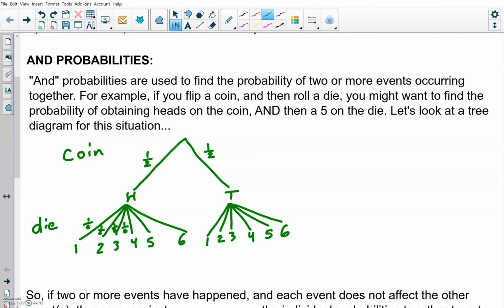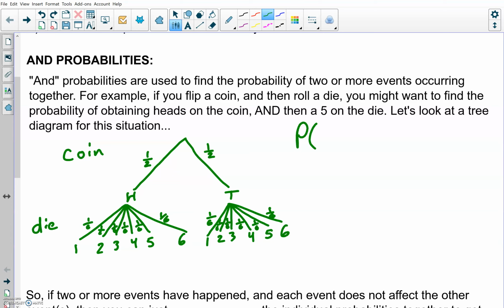So 1/6, 1/6, all the way across here, 1/6. I'm writing them small, but they're all 1/6. So I know that the heads then a 5 was 1/12. And one thing to note is that 1/2 times 1/6 is 1/12.